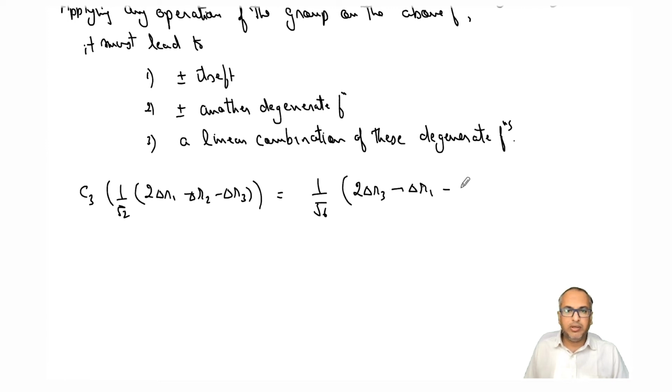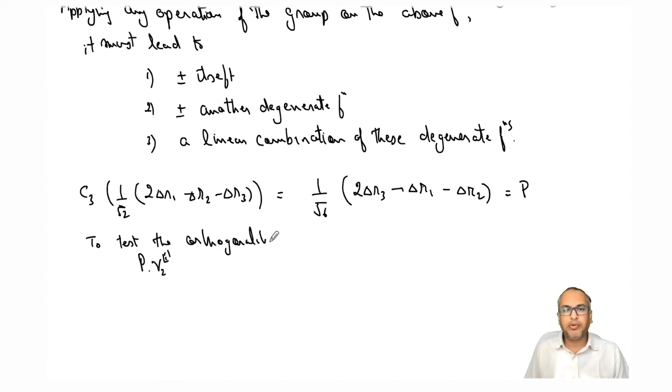Let's call it function P. Now we have to test whether P and nu2 E prime, which we got earlier, are orthogonal. So to test the orthogonality of two functions, we'll get to know whether they are orthogonal or not.